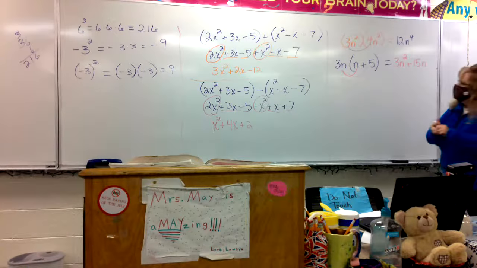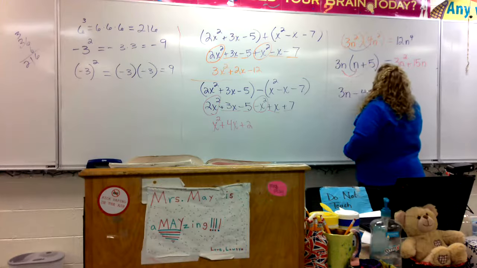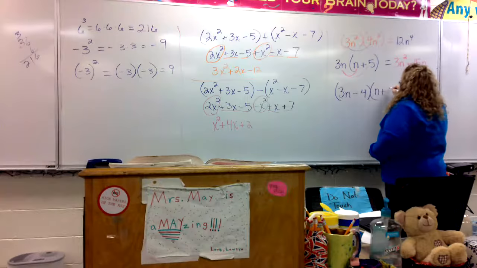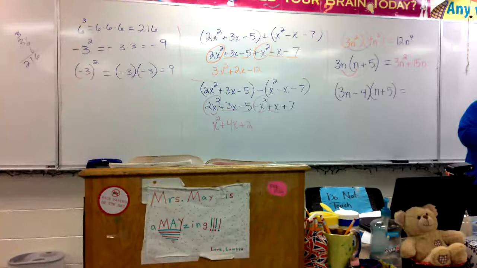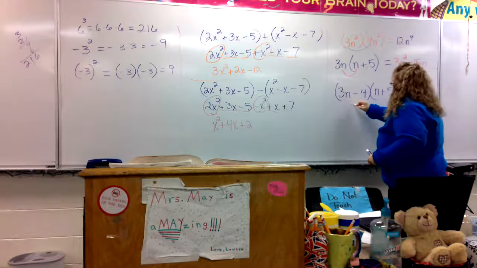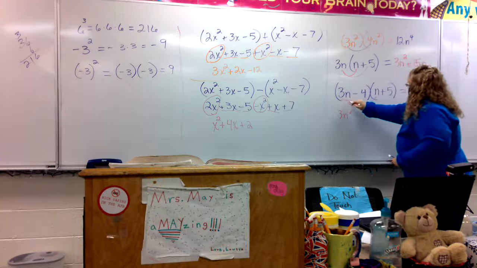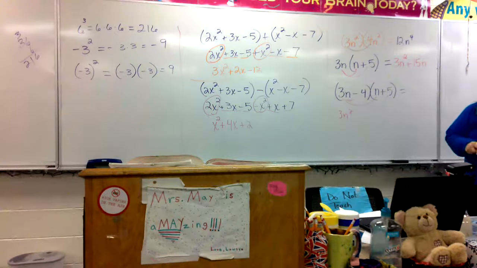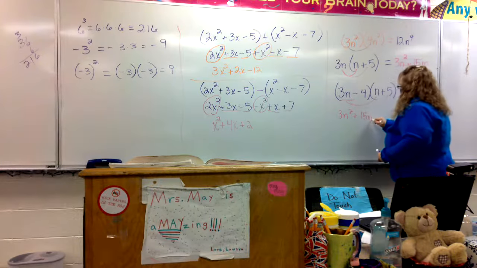And then remember we did stuff like that. You have to start here. Multiply times both. 3n squared. 3n times 5, what is that? All right, 15n. And then move over.